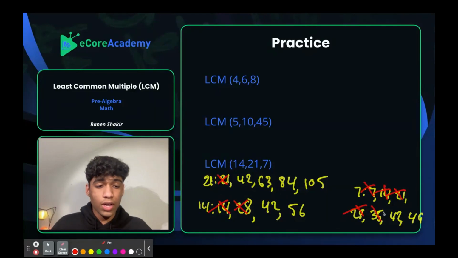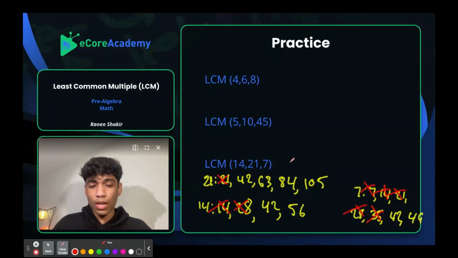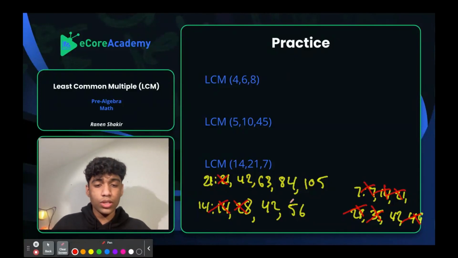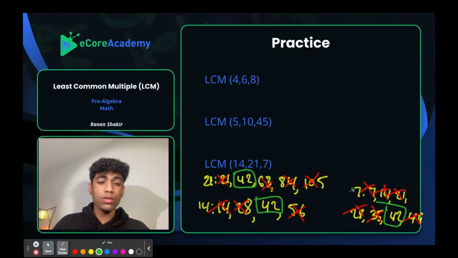It cannot be 35, only shared by 7. It cannot be 49. But now we can see that we hit the number that they all share, which is 42. So the LCM of 14, 21, and 7 is going to be 42.